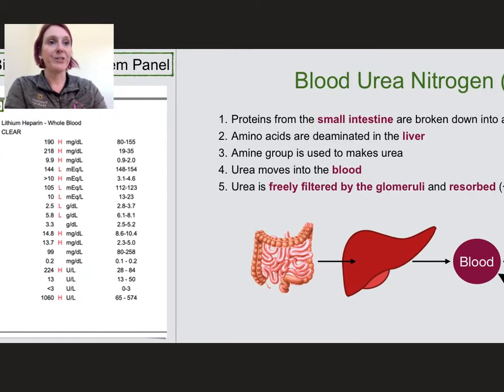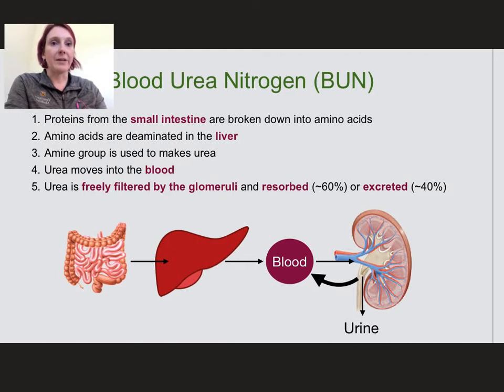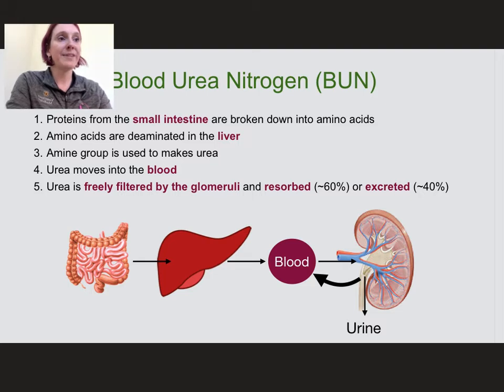So without further ado, blood urea nitrogen, or BUN, also known as urea nitrogen or serum urea nitrogen. You may hear all of these terms and we'll see them utilized around. This particular analyte, where does it come from? Our blood urea nitrogen comes from proteins in the small intestine. So we know that proteins come in, they're broken down into their amino acid pieces and absorbed into the bloodstream.